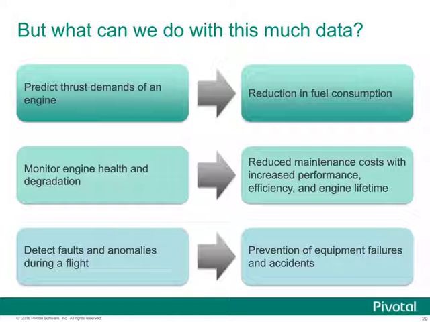We can monitor the engine health and degradation, which can help with reducing maintenance costs and increasing the performance, efficiency, and lifetime of an engine. And last but not least, we can also detect faults and anomalies during the flight. Being able to do this in real time during a flight can help with the prevention of equipment failures or even fatal accidents.